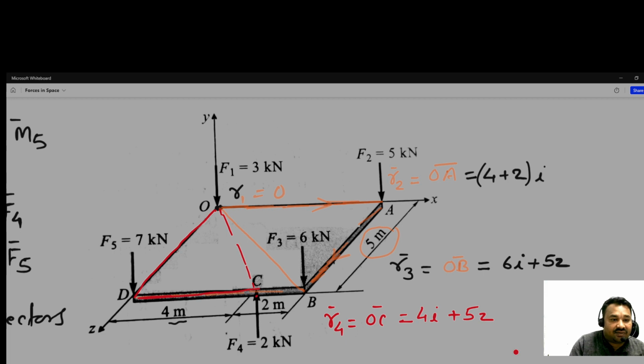What about R5? R5 is equal to OD, and it is in the z direction, along z.